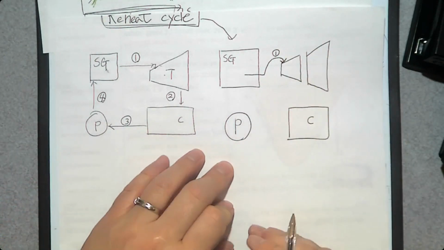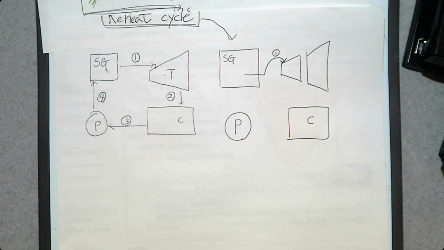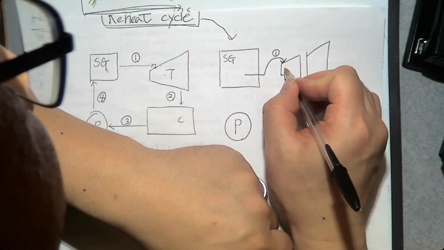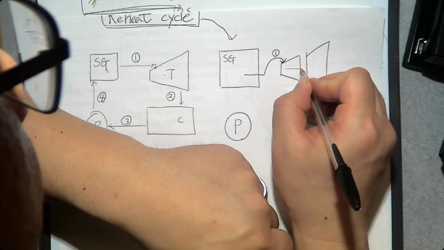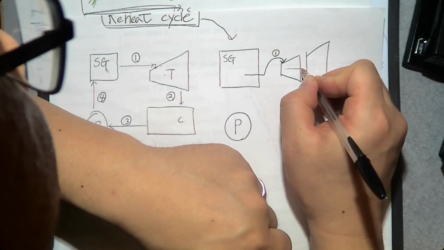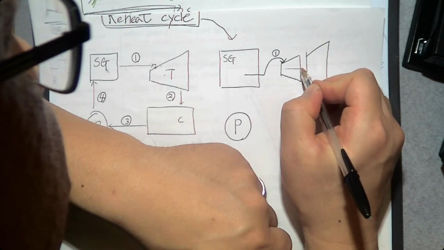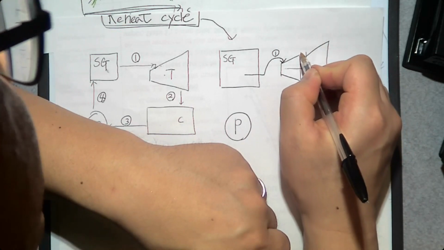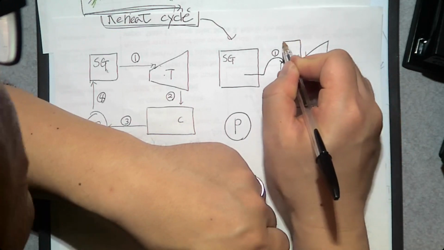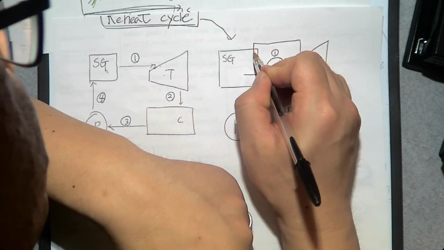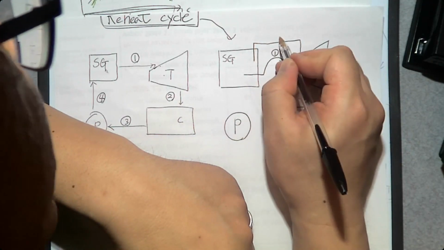And this steam is going to expand in the turbine. And while it is expanding, in the middle, we are going to return this steam back to the steam generator, receiving additional heat.